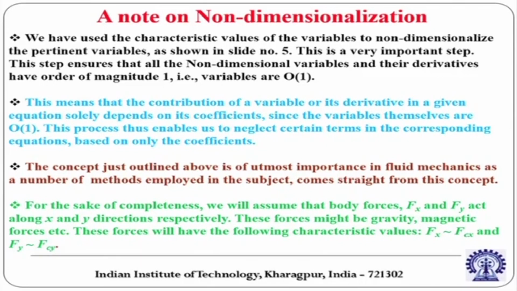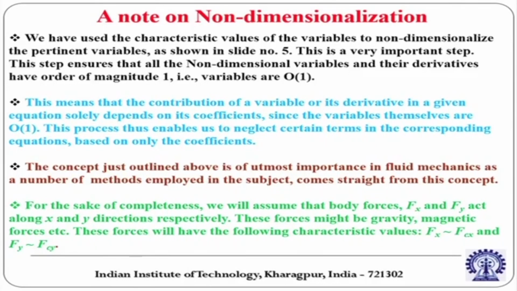This means that the contribution of a variable or its derivative in a given equation solely depends on its coefficients, because the derivative is of the order of 1. This process thus enables us to neglect certain terms in the corresponding equations based only on the coefficients. The concept is of utmost importance in fluid mechanics, as a number of methods employed in this subject come straight from this concept.